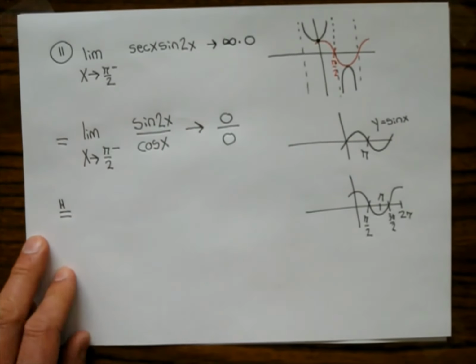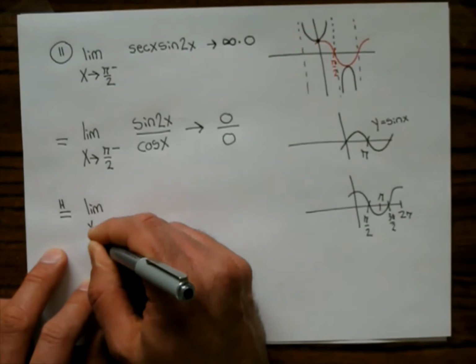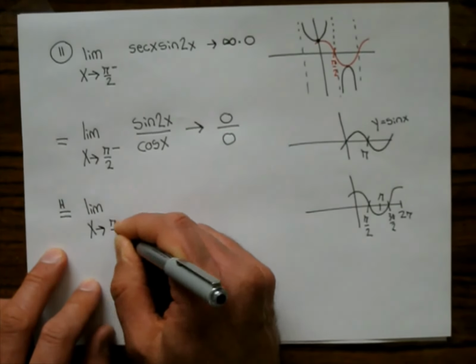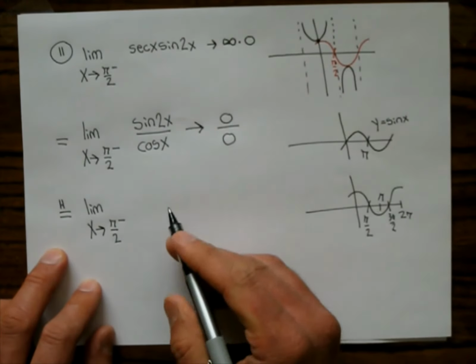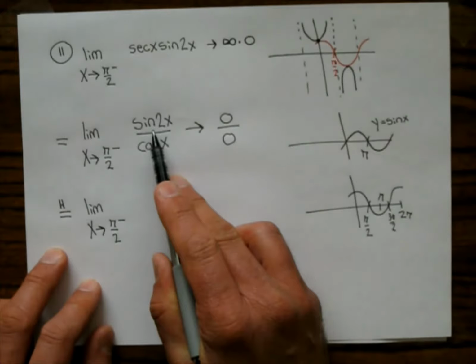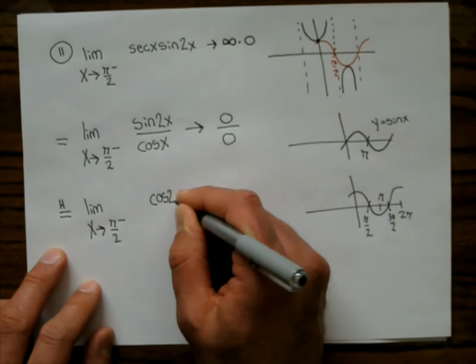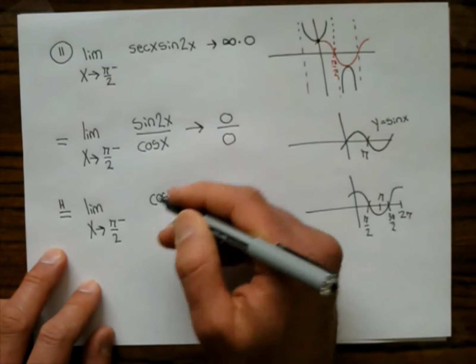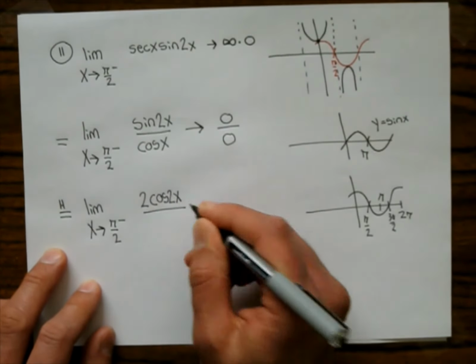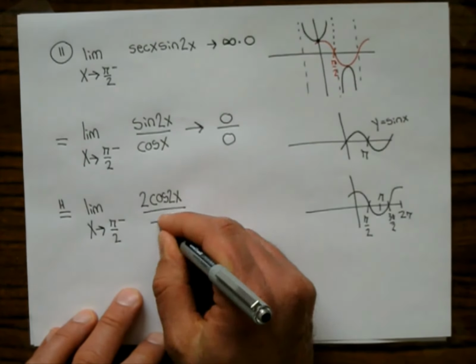Let's apply L'Hopital's rule. L'Hopital's rule says the limit as x approaches pi halves from the left, and we're going to take the derivative of the top, which is a little bit of a chain rule. The derivative of sine is the cosine, and then the derivative of that something, the 2x, is a 2. And on the bottom, we take the derivative of the cosine, which is the negative sine.